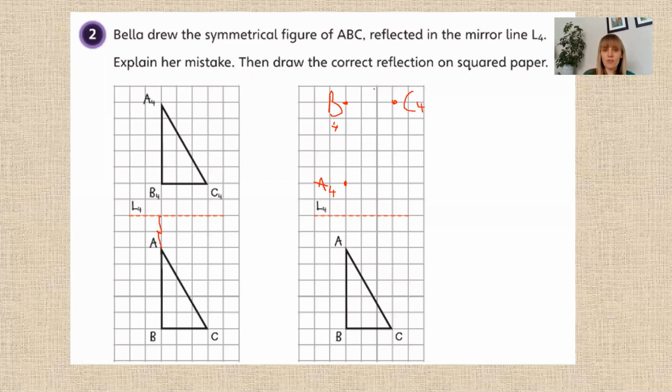A triangle correctly reflected should look like this. And do you see how, if I could take this as a piece of paper and fold it like that up, the triangles would actually meet, and that shows a really good reflection that's done correctly. Whereas if we looked at Bella's one and we folded it, it's not going to meet in the same way.